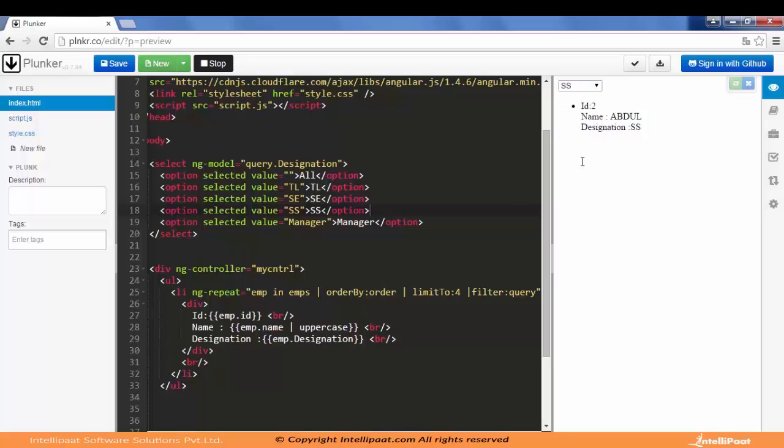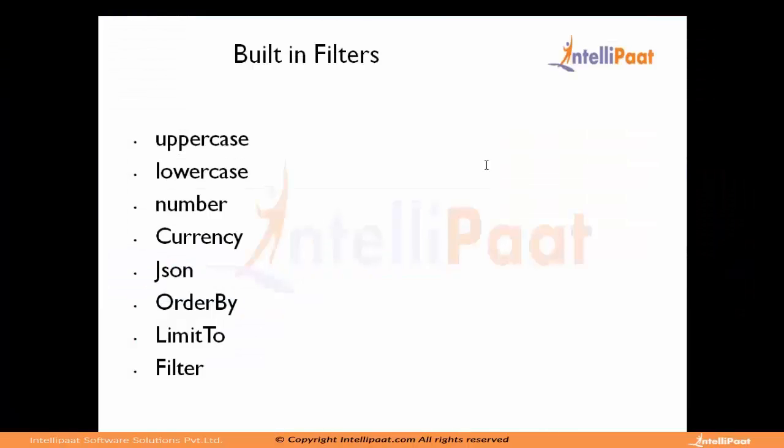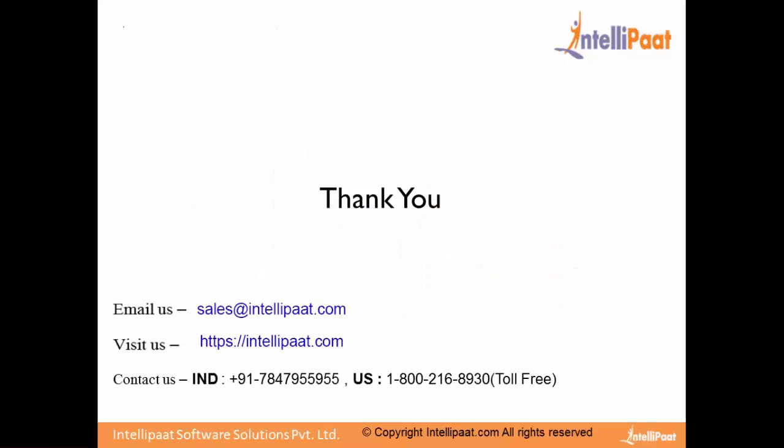So this is how the filter in AngularJS works. We can filter our data depending on the input from the user. These are the built-in filters which you will be using mostly, and the knowledge of this is useful for you. Thank you for your time.